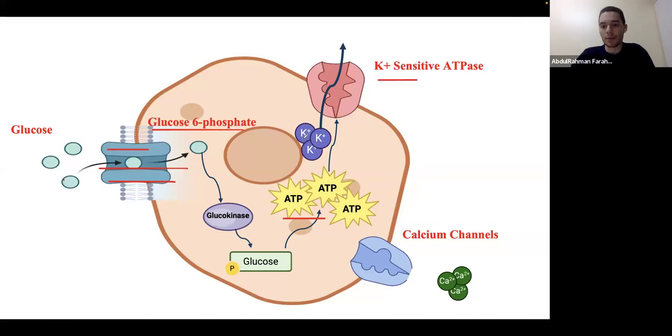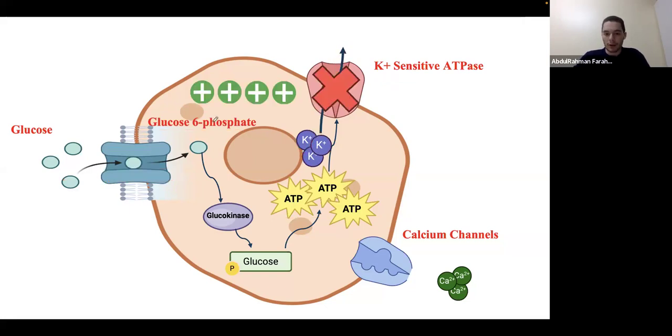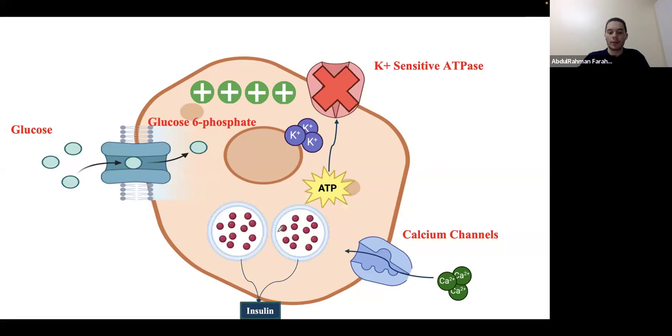By inhibiting it, the potassium will not be excreted outside the cell, and this would cause depolarization of the cell itself. This depolarization is going to stimulate the calcium channels, and so calcium will then enter. Once calcium enters, these insulin-containing vesicles fuse with the cell membrane and release their insulin.